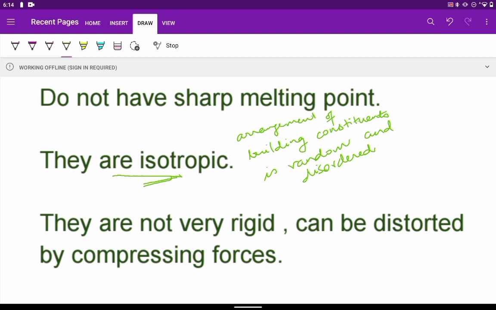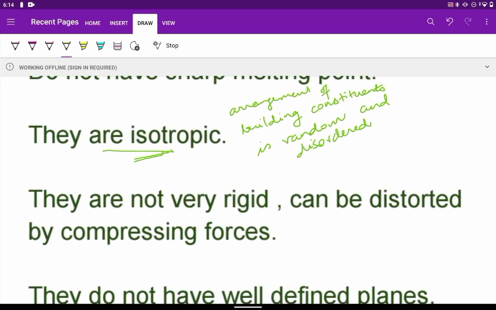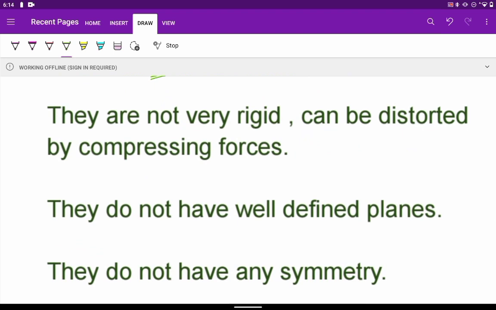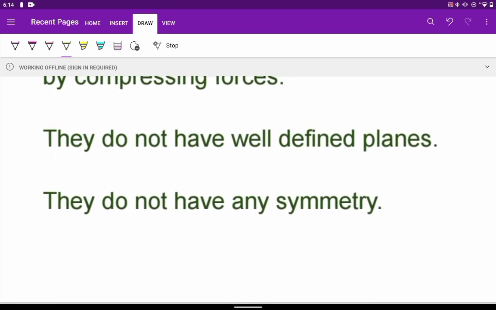They are not very rigid and they can be easily distorted by compressing forces because orderliness is not there. They do not have well-defined planes.